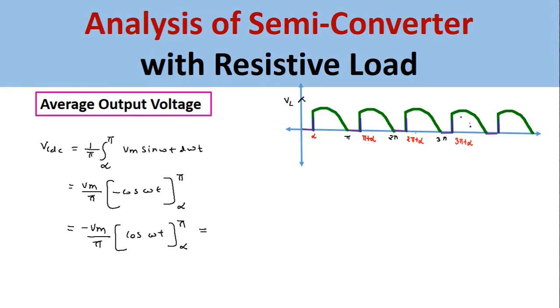Now we will put the limit. We'll get minus of Vm upon pi. For cos pi we have minus 1 and here we have cos alpha. So minus of cos alpha we will get. So when we take minus common from this equation, we will get plus Vm upon pi 1 plus cos of alpha.